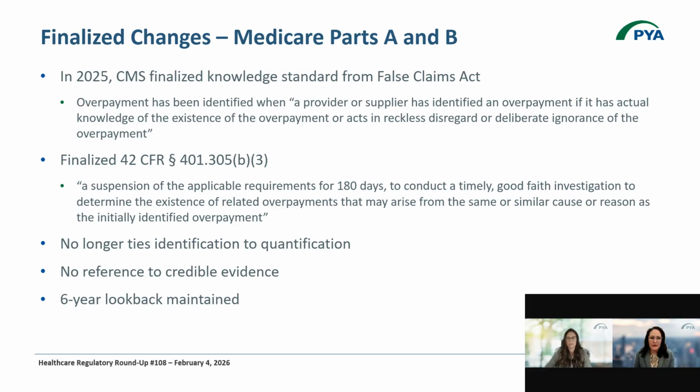That is kind of challenging to really nail down, but you'll want to work through your external and internal legal counsel on how they're going to define that so that you know where your day one is, because that is really key. We still have a 6-year look back. There's no reference to credible evidence in this recent rule, and there are no ties to quantification.